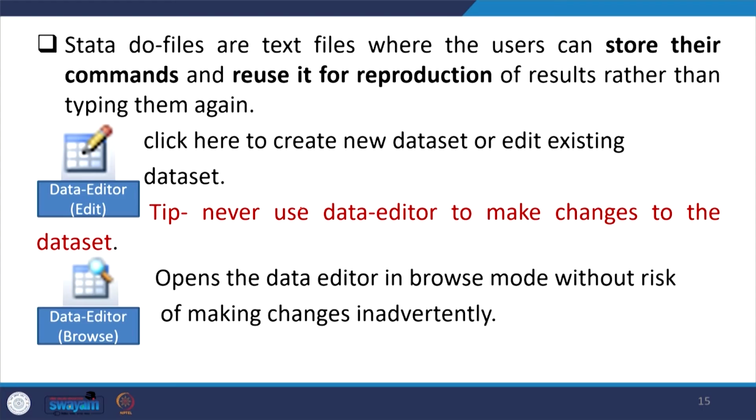Okay. Do files are text files where users can store their commands and reuse them for reproduction of the results rather than typing them again. Like there are huge commands, commands like pages. Such pages you may not even remember, as you are entering commands after commands with its variables, its byte space, its position, its number, everything you are writing.